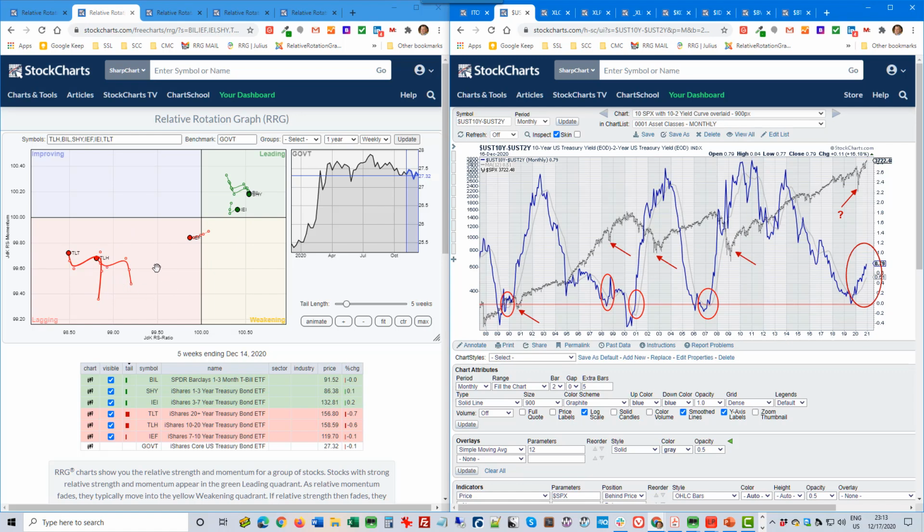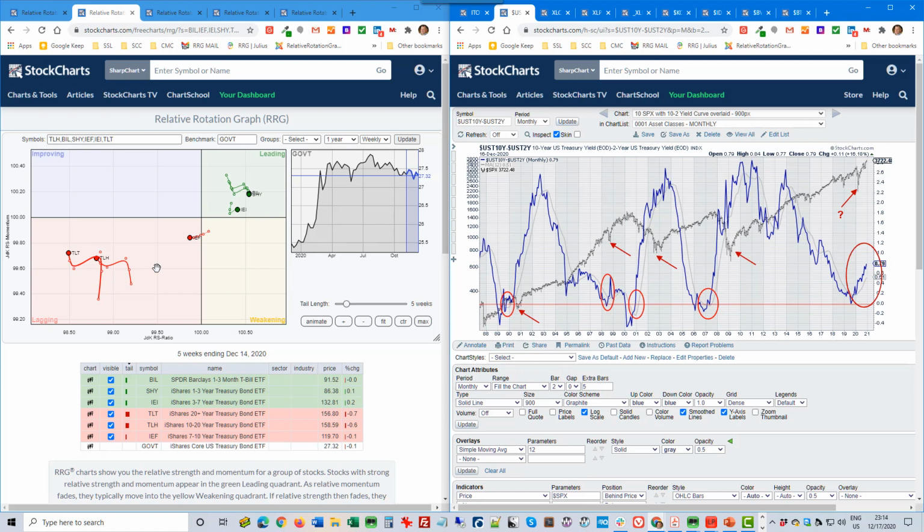What that tells us is that we should have a preference for shorter dated bonds over longer dated bonds. Longer dated bonds are going down in price, which means yields are going up. Shorter dated bonds may also be going down in price, but a lot less fast than the longer dated ones. So that gives us a preference for the shorter end of the curve.